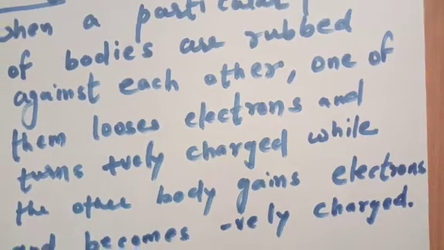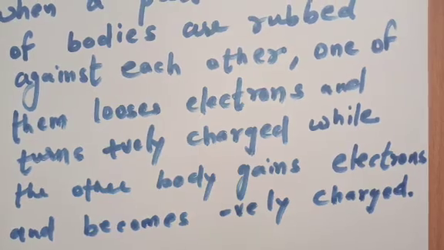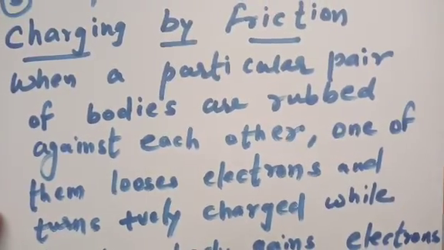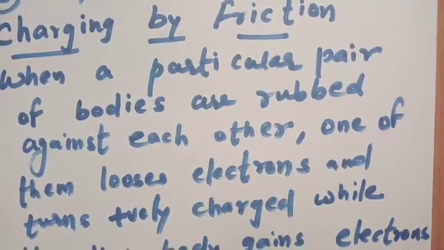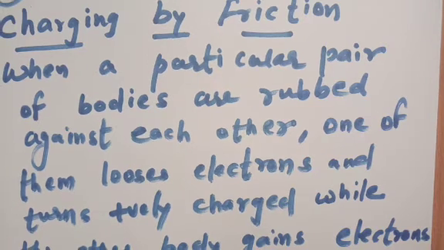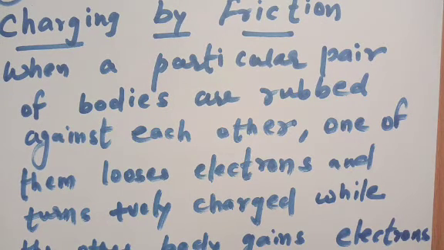And this method is called charging by friction. So when a particular pair of bodies are rubbed against each other, one of them loses electrons and turns positively charged, while the other body gains electrons and becomes negatively charged.